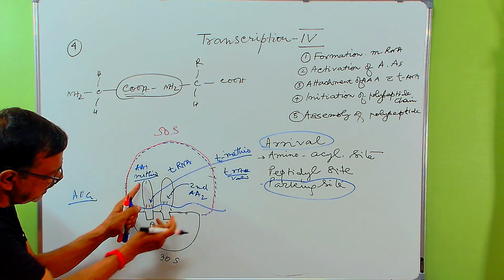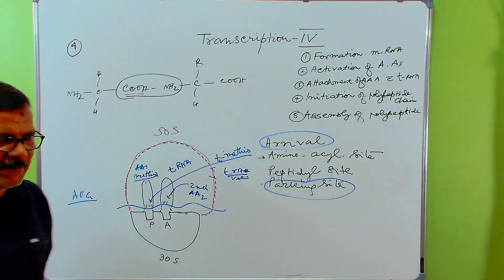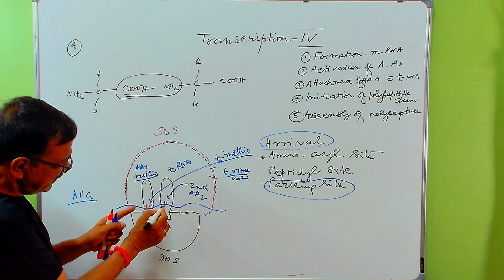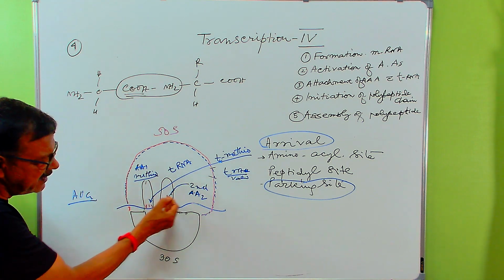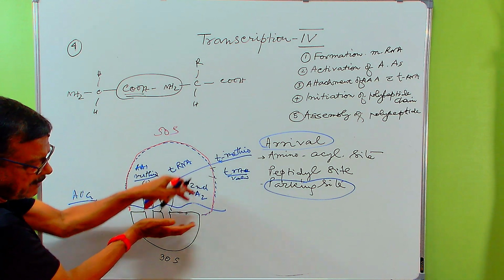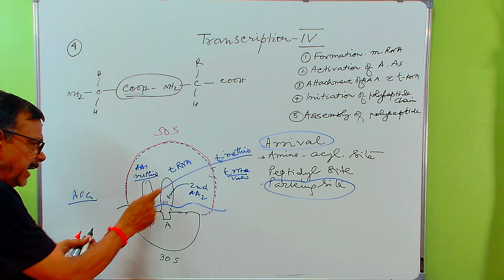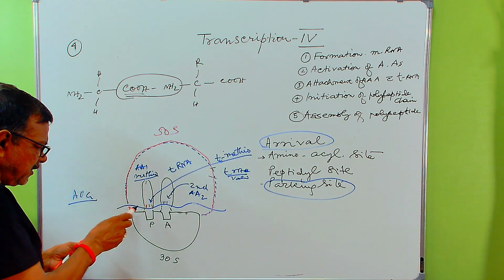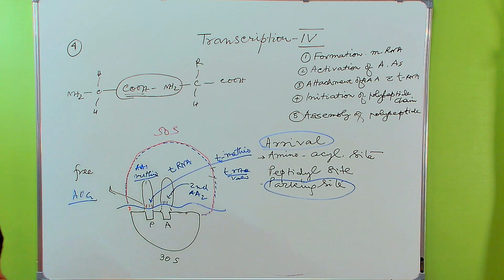So this methionine will join with this, and the polypeptide chain has already started. Here is the CONH bond. There is a ribosomal movement by this time, because it moves from here to here. In this way it moves. During this translocation, the tRNA that carried methionine gets out. It is free, or uncharged, I should say.